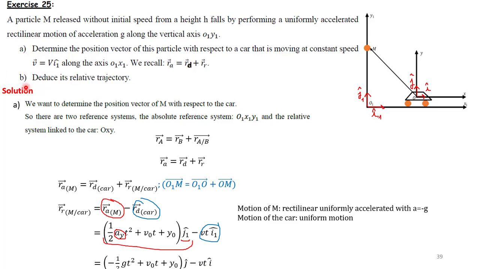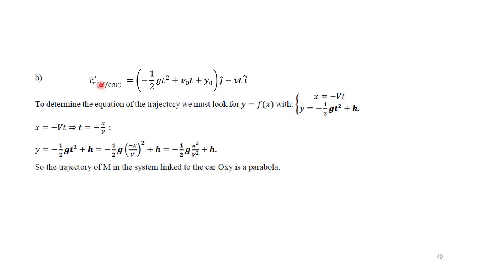To find the relative trajectory, we need to rewrite the relative position vector of M with respect to the car. So we can write that x is equal to minus vt and y is equal to minus half gt squared plus v0t plus y0. Here v0 is 0 and y0 is h.